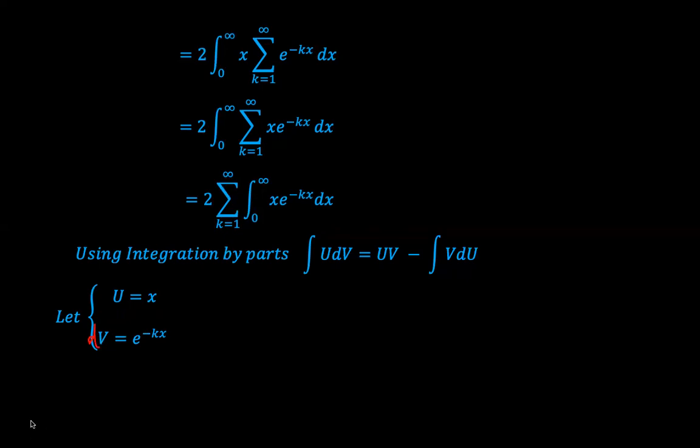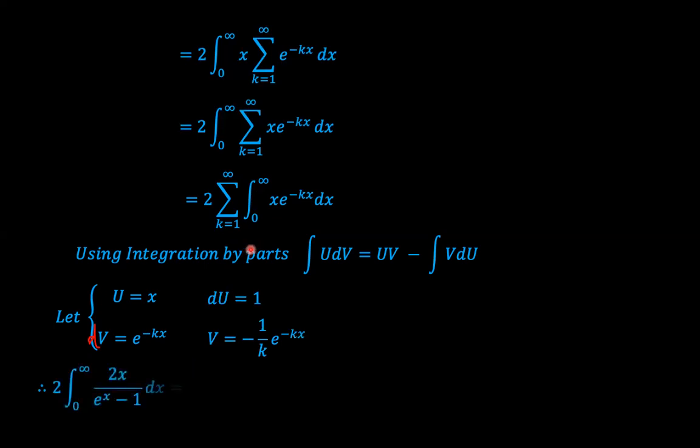If dv is e to the power negative kx, then du is equal to 1, and v is equal to negative 1 over k times e to the power negative kx.